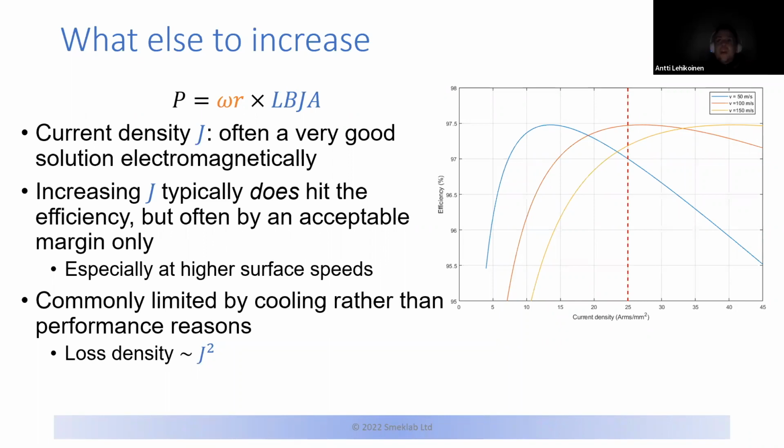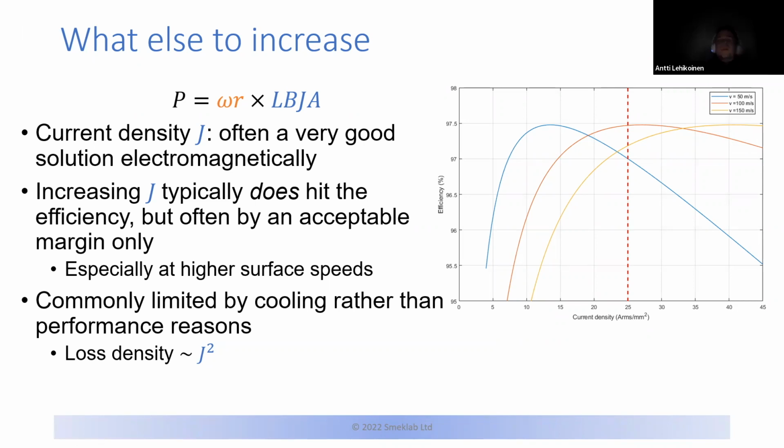So what typically happens is that when you increase the current density, you will hit your efficiency, but often not by a colossal amount, especially if you are, again, operating at a high enough surface speed.